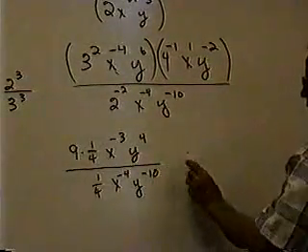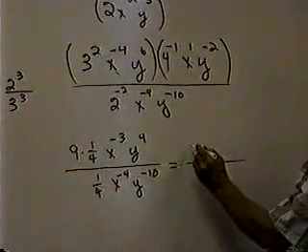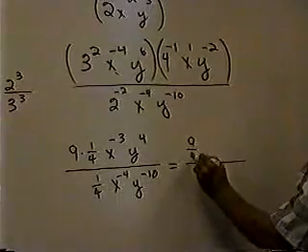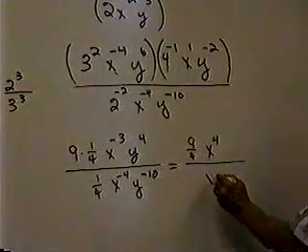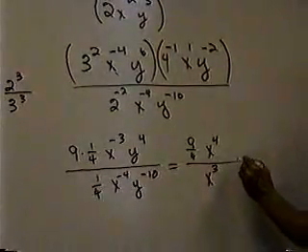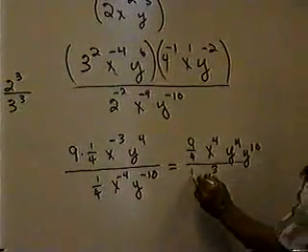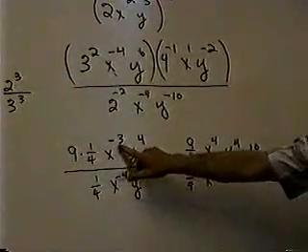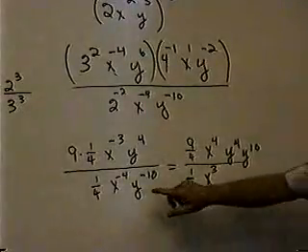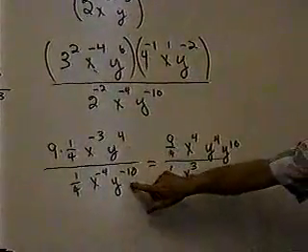All right, so let's come over here now and do this. This is 9/4, x to the 4, x to the 3, y to the 4th, y to the 10th, and 1/4. What I did is this x to the -3, move it down, x to the -4, move it up, y stays here, this y moves up.